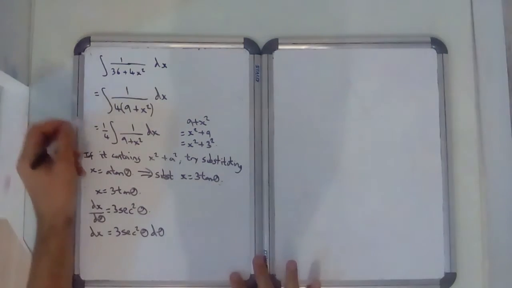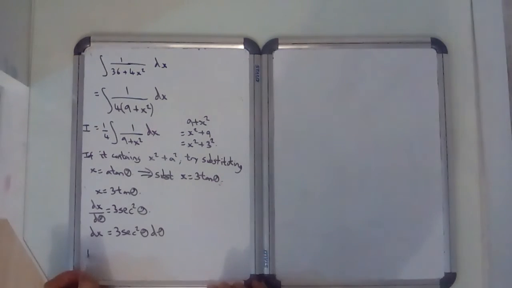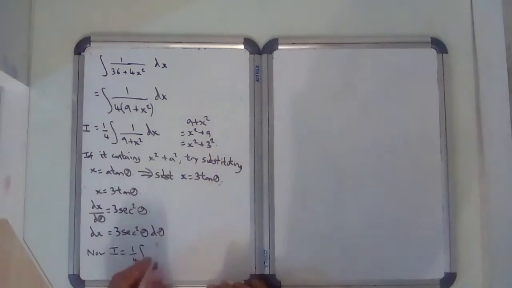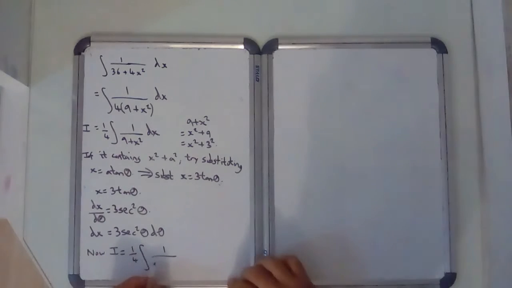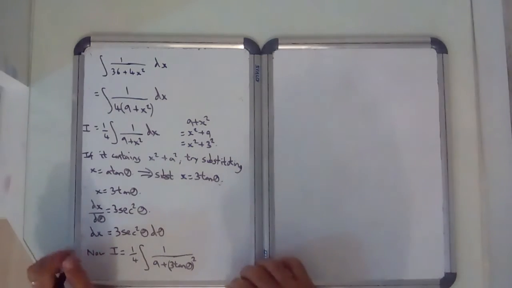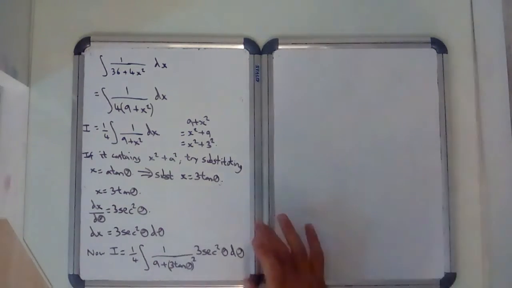So if I call this our transformed integral, the new integral, now the integral equals, well, it's still 1 quarter times the integral of 1 over 9 plus x squared, so x is 3 tan theta, so it's 9 plus 3 tan theta squared, and dx we just said is 3 sec squared theta d theta.